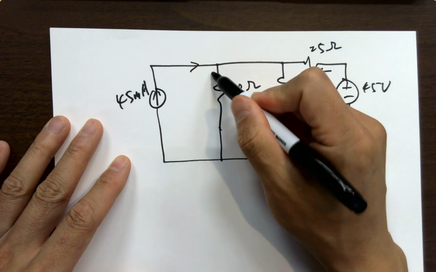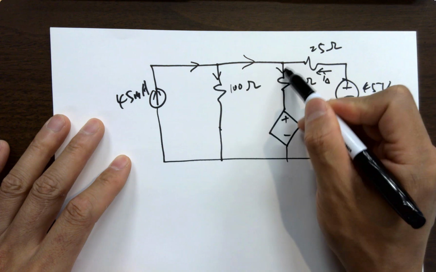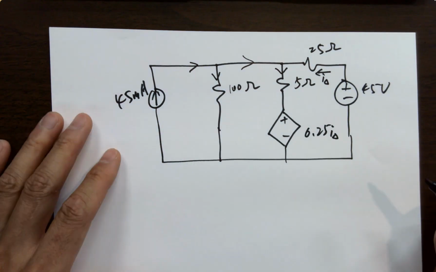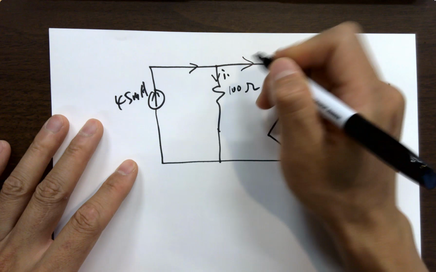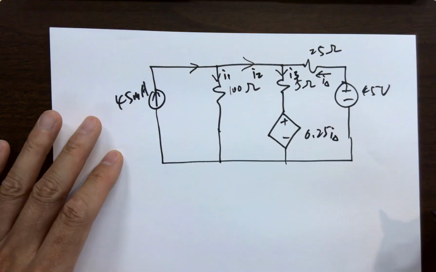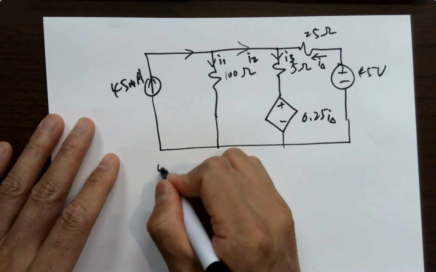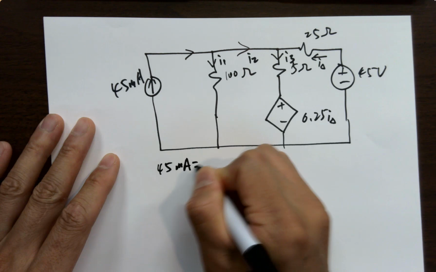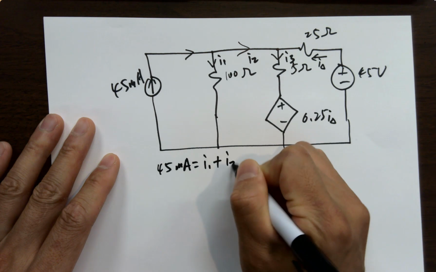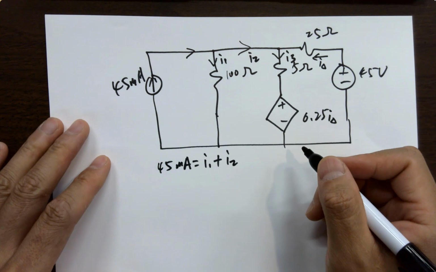Given current, just assume a bunch of currents: I1, I2, I3. Then started writing. 45 milliamps equals I1 plus I2, no problem. 1 getting in, 2 going out.